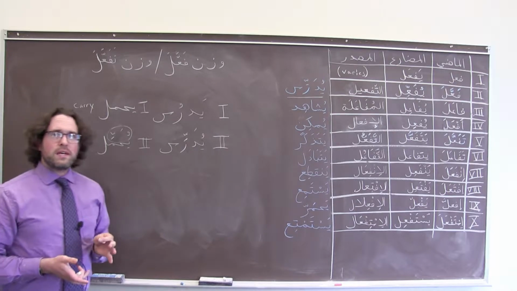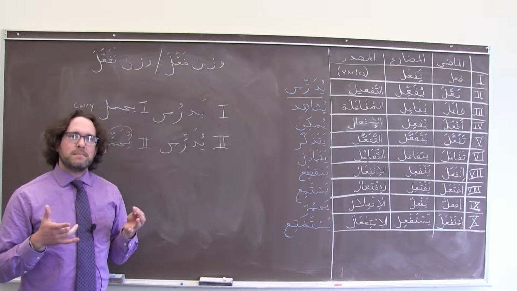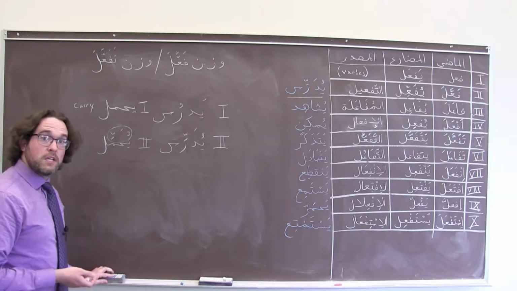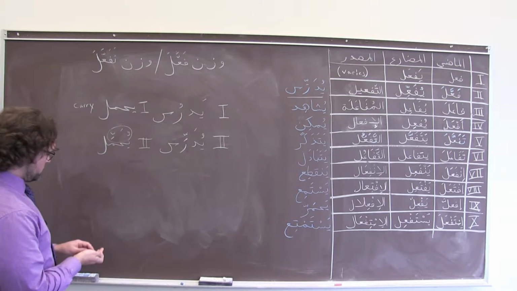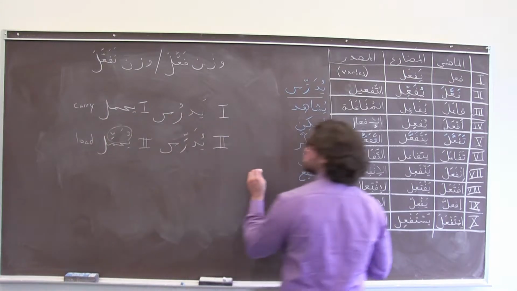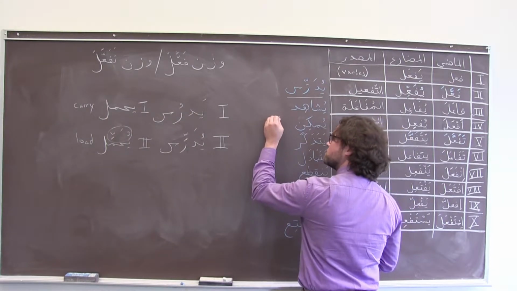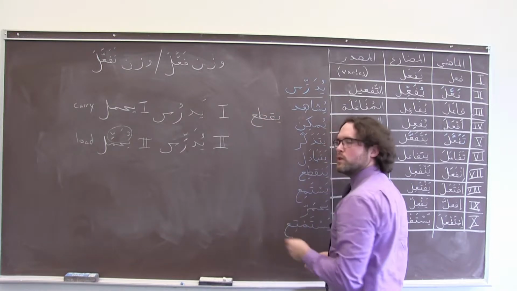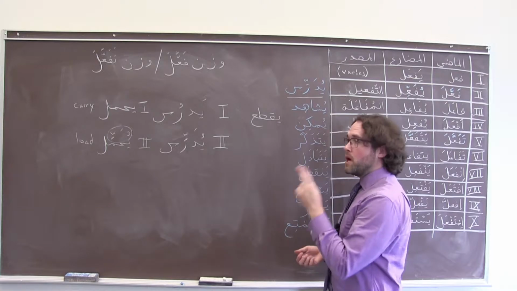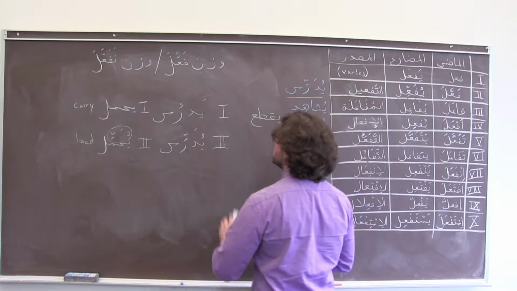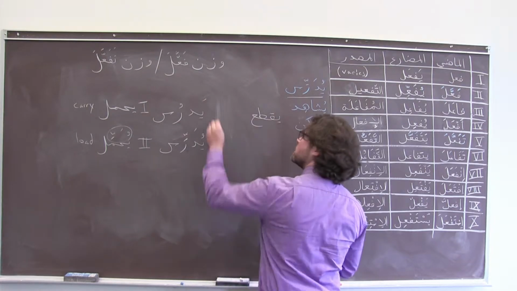Form 2 also can have a meaning of intensifying an action. In form 1, we have a verb yaqta', which sort of means to cut. We could say, for example, huwa yaqta' al-warqa. He cuts the paper. Maybe he takes a pair of scissors and slices it right in half.